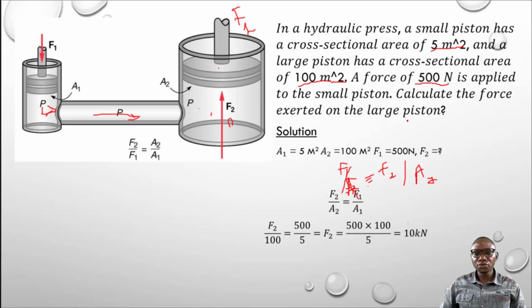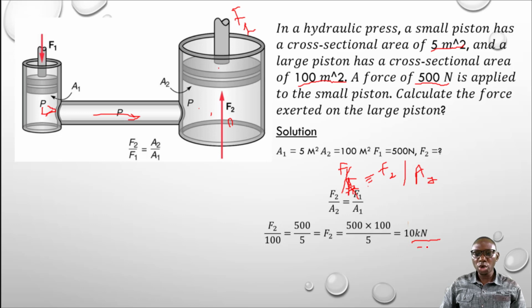So if you substitute all these given values into the equation, you are going to have something like this: F2 over 100 equals 500 divided by 5. And making F2 the subject of the formula, you have 500 multiplied by 100 divided by 5, which will give us 10 kilonewton.